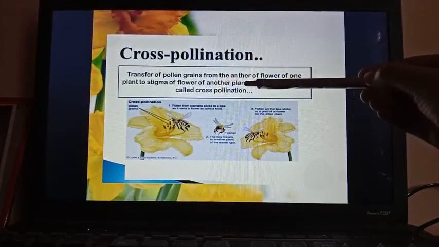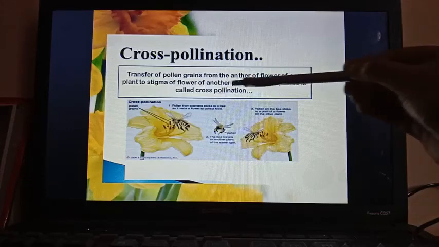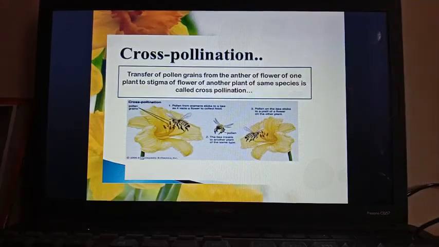First is another plant. Second is same species. The transfer should be within the same species and to another plant. Can you understand the difference between self and cross? In self-pollination, the pollen is confined to the same plant. But in cross-pollination, pollen is transferred from one plant to another plant.